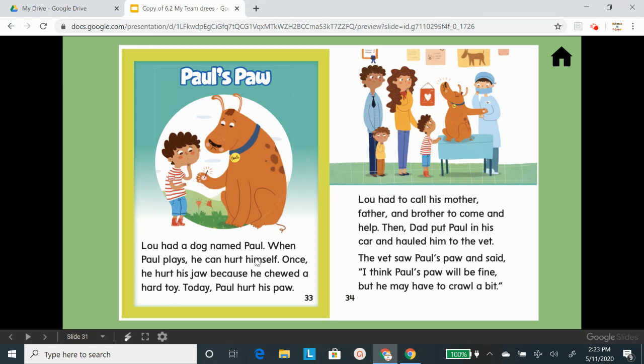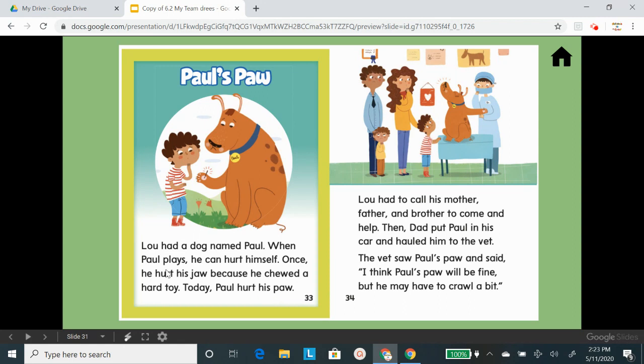He can hurt himself. Once he hurt his jaw because he chewed a hard toy. Today, Paul hurt his, what did he hurt? Look at the picture. His paw.